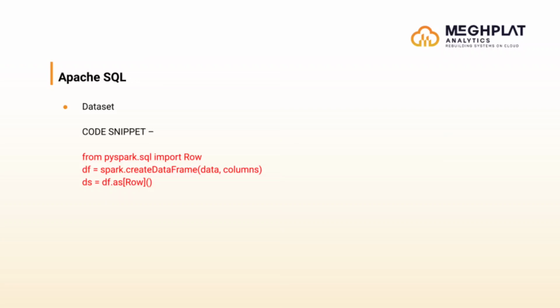This is how we can actually create a data set. So I guess this is clear to you how Apache Spark SQL works, what the two main terms of Apache Spark SQL are, and how it can be used for creating Python scripts.